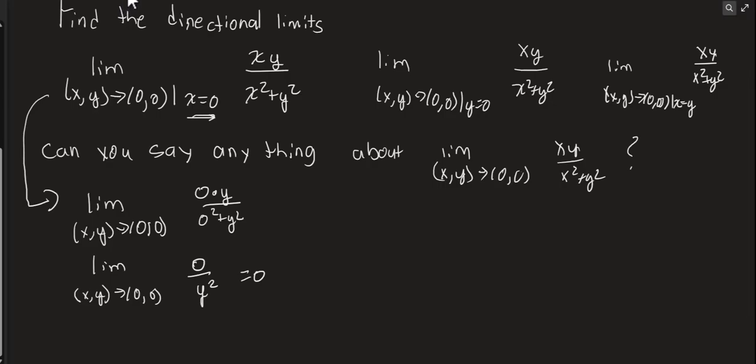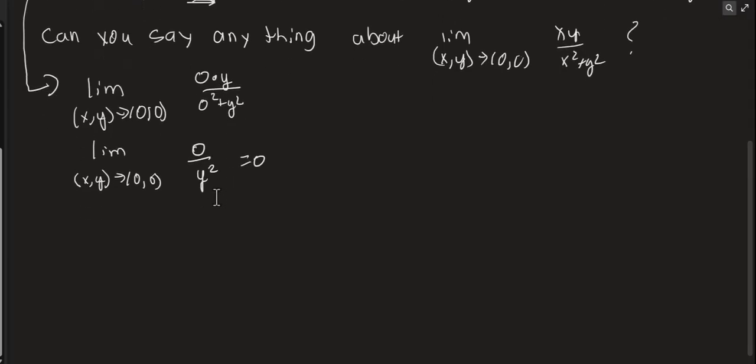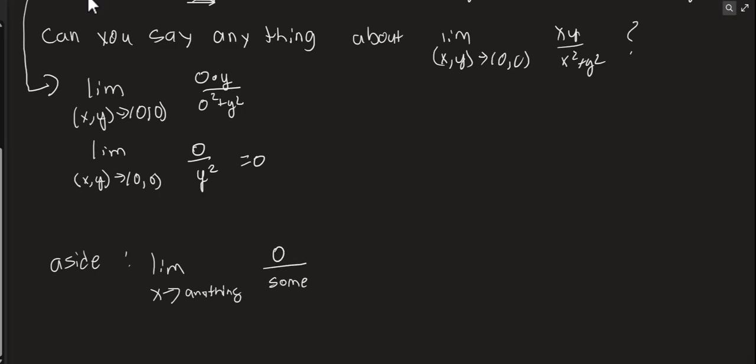So just as a little aside, if I'm taking the limit as x goes to anything of 0 over something, where this isn't just an actual 0, just the number 0, that's 0.